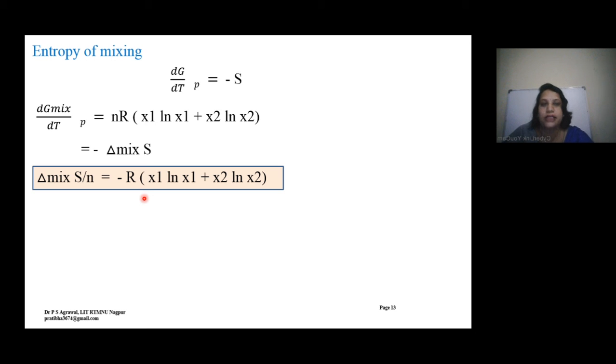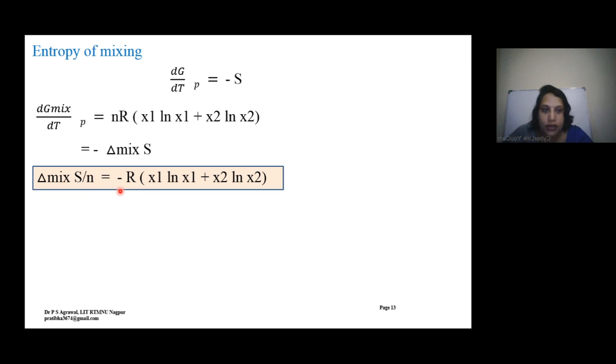So when the two gases mix, the two gases expand, and then the entropy of mixing is given by this expression. Since the mole fractions lead to negative values of ln x1 and ln x2, the negative sign makes delta S of mixing positive.